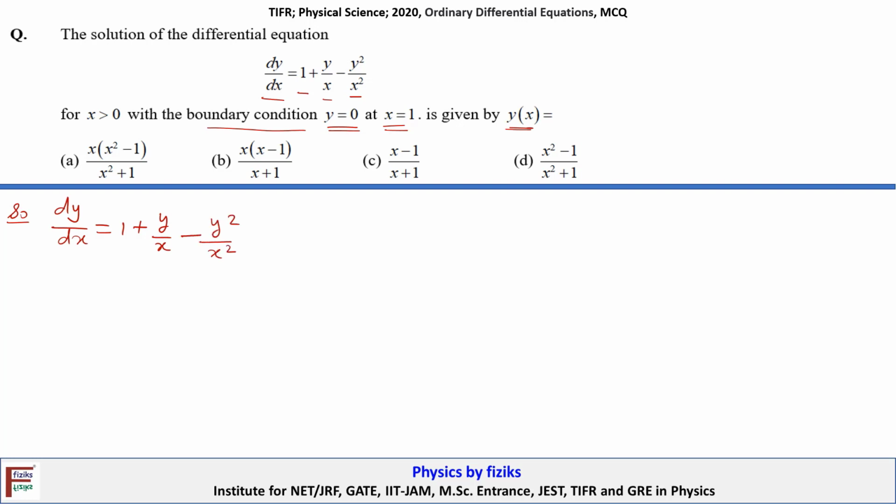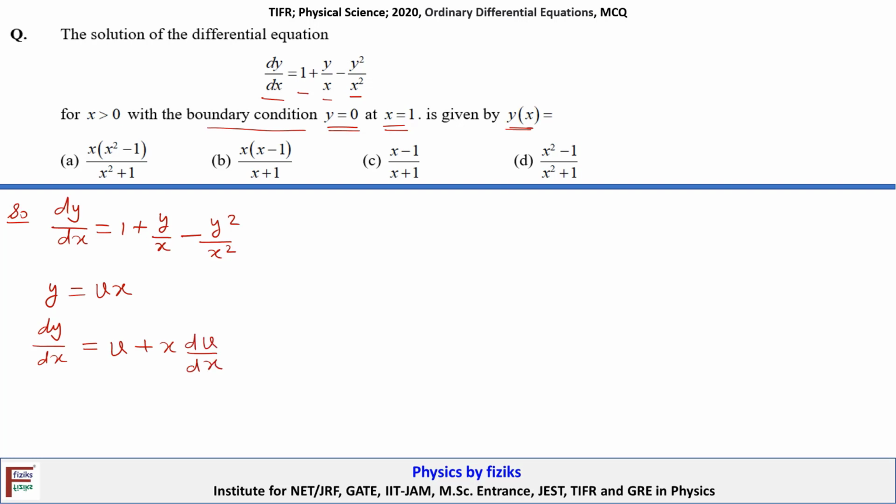From here we can notice that in this given differential equation, in each term the power of x and y are the same. Therefore each term of this differential equation is homogeneous, and this can be reduced to the general homogeneous equation by substituting y equal to v into x. Then dy by dx can be written as v plus x into dv by dx.